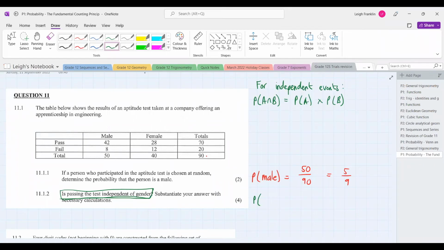Okay. So now we have to make a decision. What are we going with? Are we going to say male and pass, female and pass, male and fail, or female and fail? Okay, so Mr. Bavuma, I'm going to give you that choice. What do we do? What are we doing here? What do you want to work with?